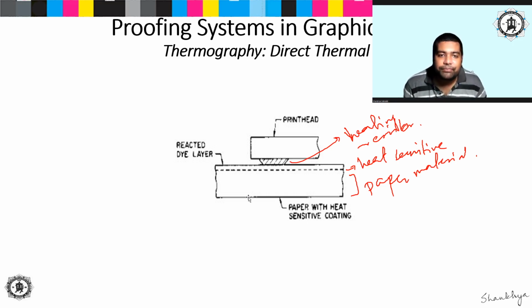Now also the resistor element must be able to heat the thermally sensitive paper up to the coloration temperature, and its surface must be highly resistant to friction from paper because it is moving in contact with the paper. The heat sensitive paper contains a coating of dye forming chemicals held with a binder material. At room temperature, the dyes are in colorless form, the leuco form, and the paper has the appearance and feel of smooth paper.